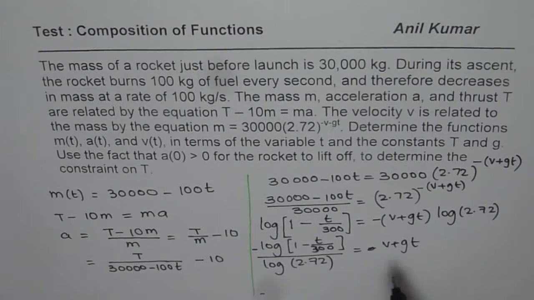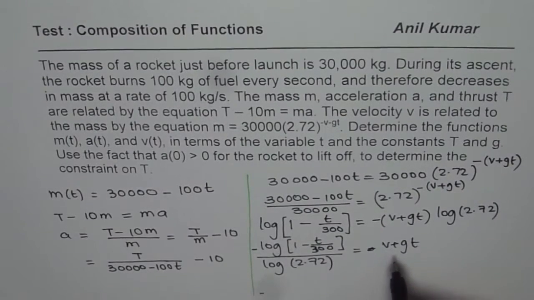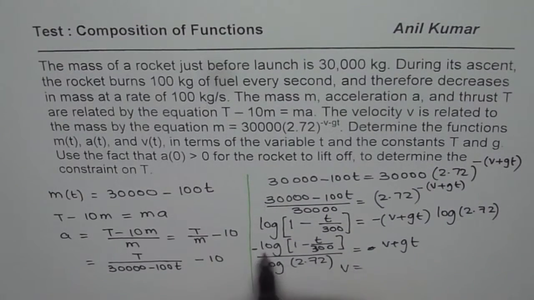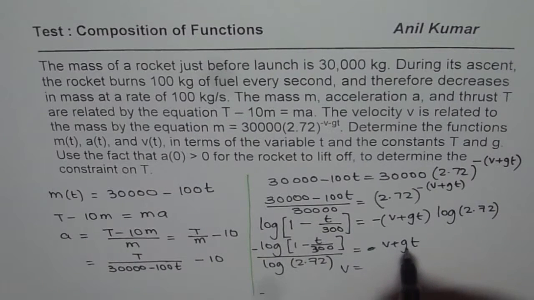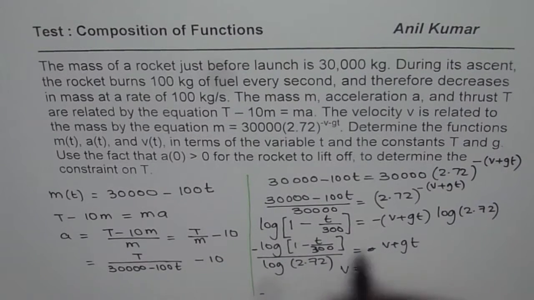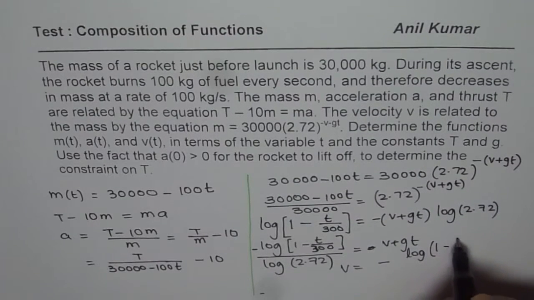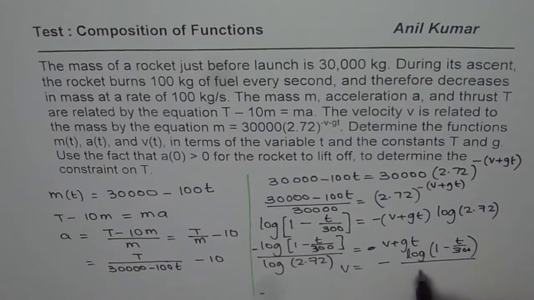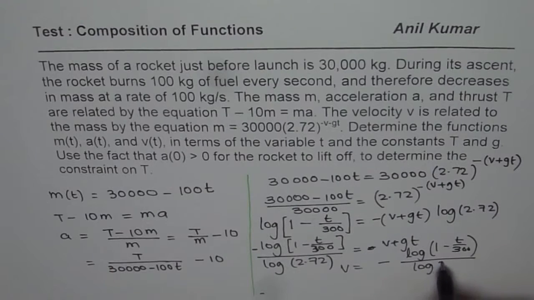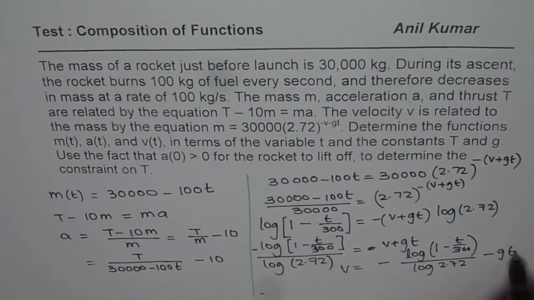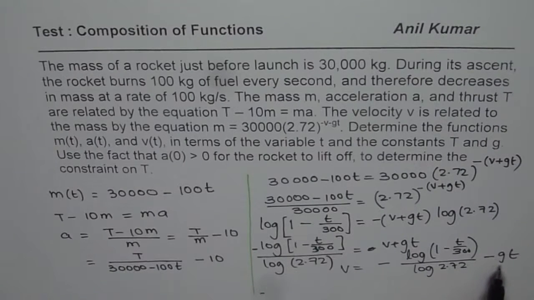Now we can isolate v, so we get v equals minus of log of (1 minus t over 300) divided by log of 2.72, minus gt. So we have velocity in terms of time, correct? So that is how they are related.